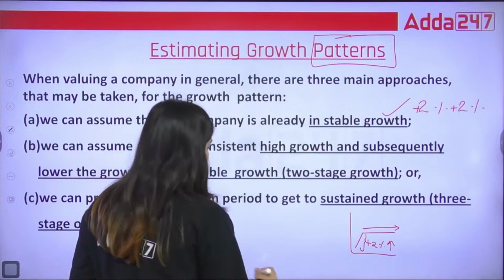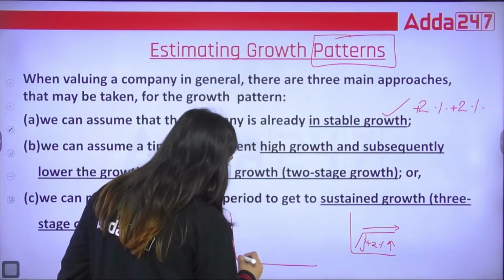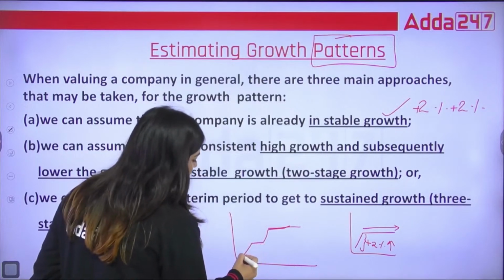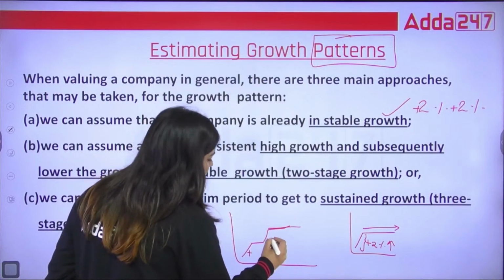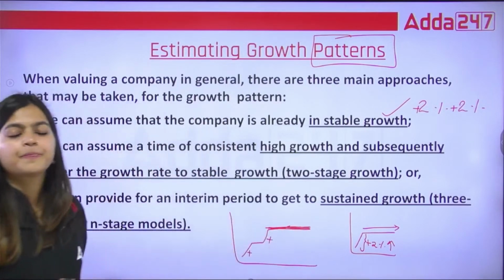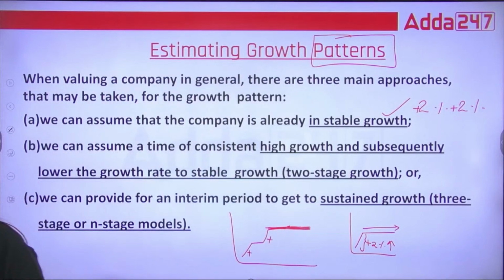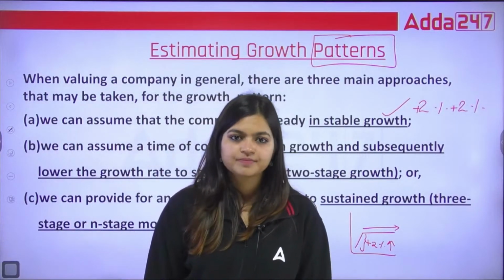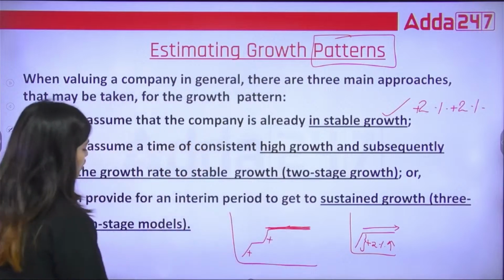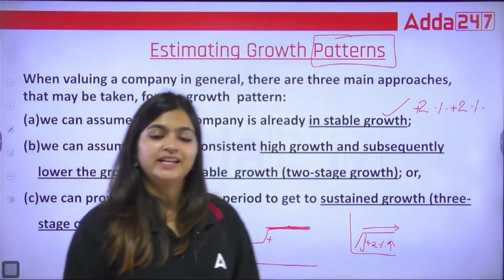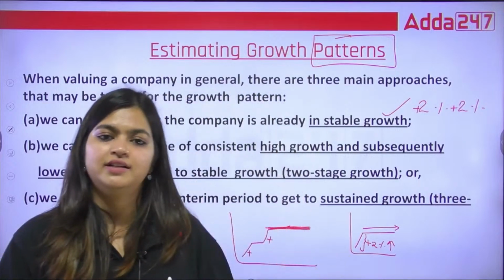Or you can see that your growth is increasing in 3 slots: one time growth, then next growth, and after this your growth is constant. These are the ways through which you can decide a pattern. Or you can get just a single constant growth, where every year we get 10,000, 10,000, 10,000.